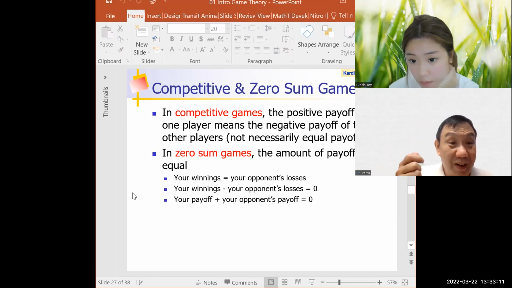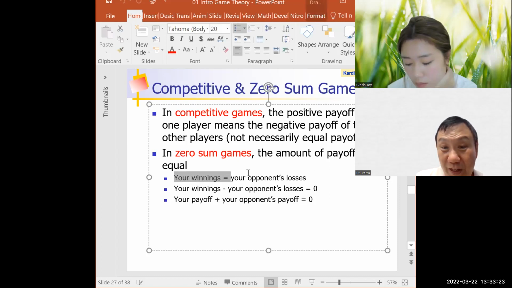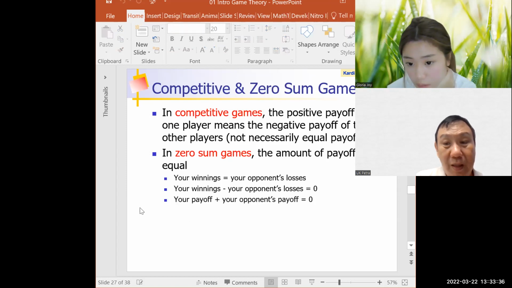In sport events, it's always like that, isn't it? If one player wins, the other loses. So this is a zero-sum game. If you put it into algebra, your winning equals your opponent's loss, then you put the right side on the left side, so you get a minus. So your payoff plus your opponent's payoff is 0.